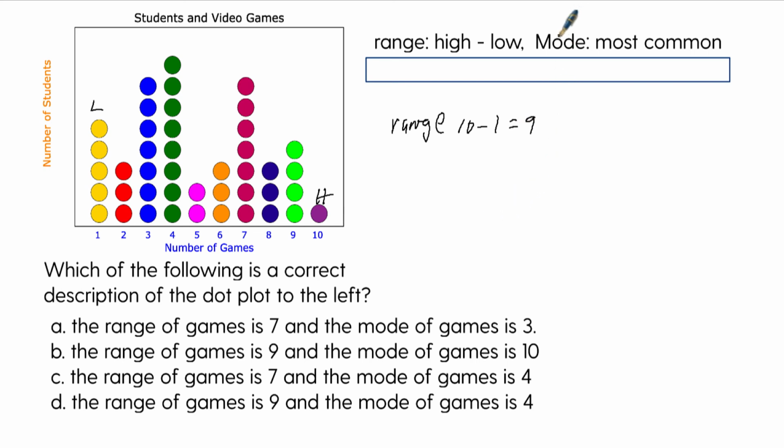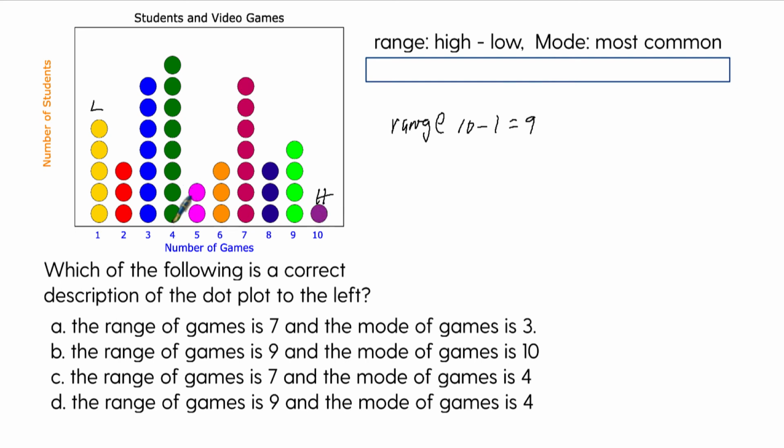Okay, now the mode is the most common. So in other words, we want the most common number of games. Which number of games, 1 through 10, do most people have? And some students might select 10, saying, well, we have someone who has 10 games. But notice what I just said. I said a person has 10 games. What we want is the number of games, the highest number of games that are repeated.